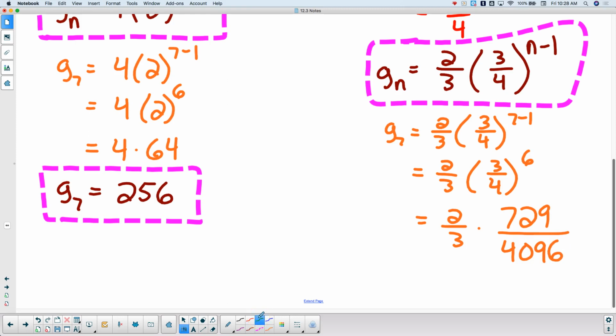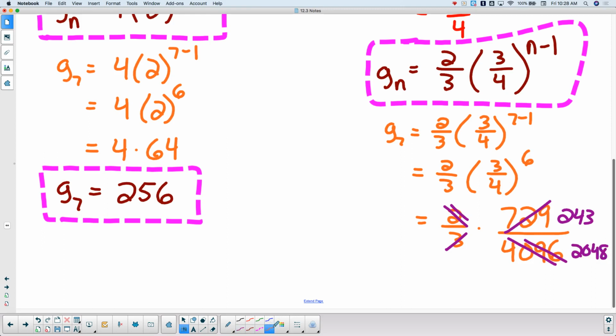And then the nice thing is that 729 can be divided by 3, and I get 243. 2 goes into 4,096 2,048 times.